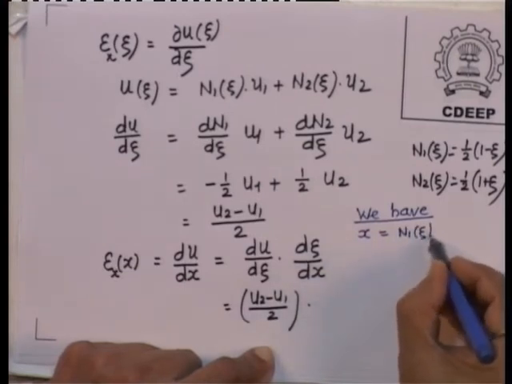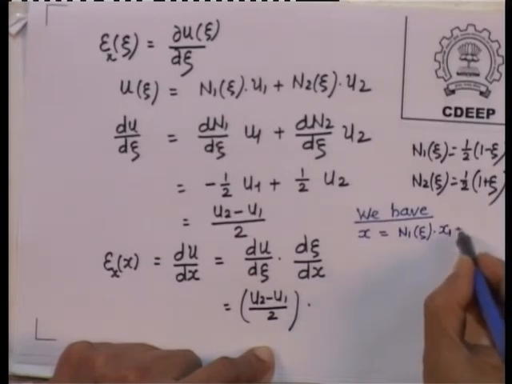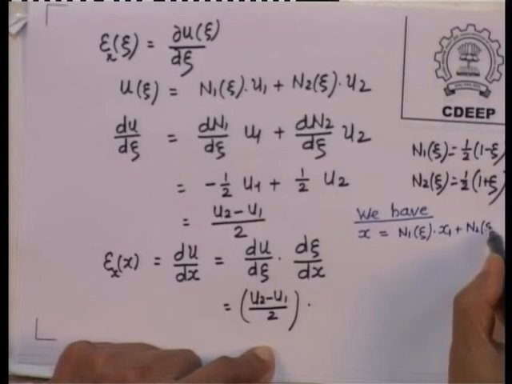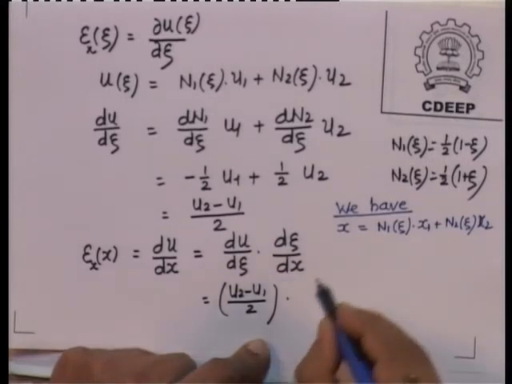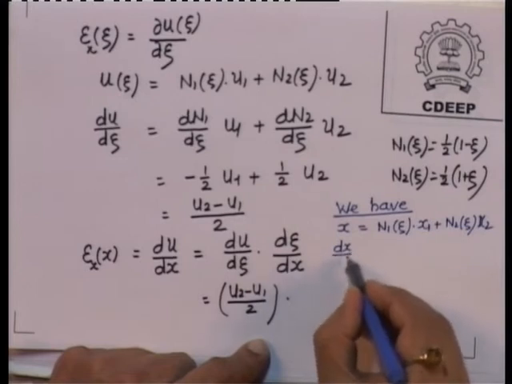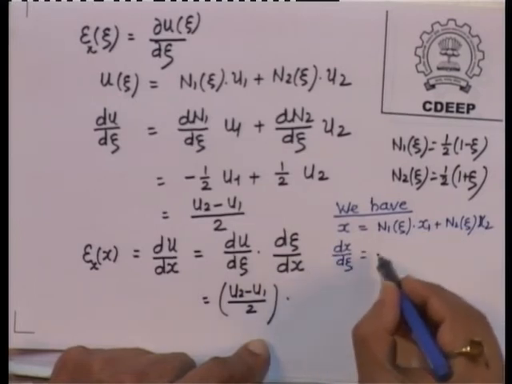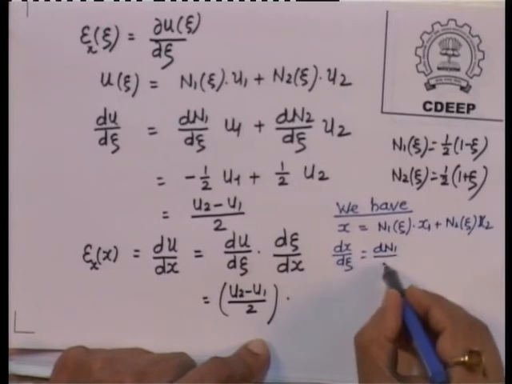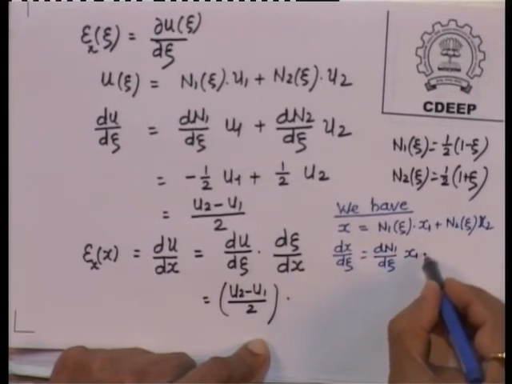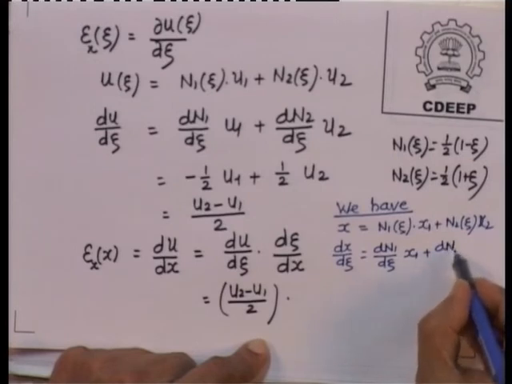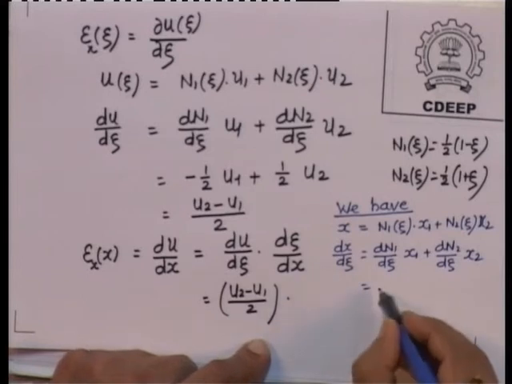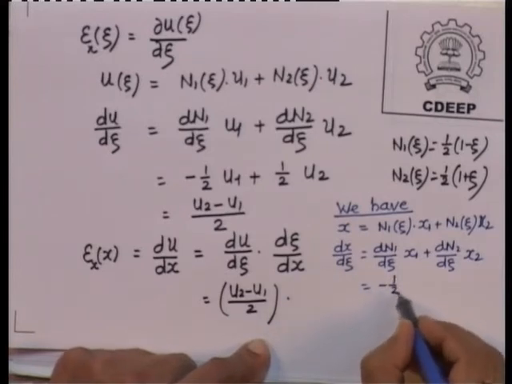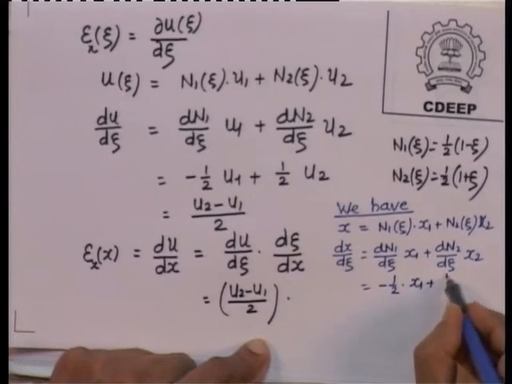What we have is, we also have x as n1 psi. Now all n1, n2 are defined in terms of psi into x2, and therefore dx by d psi will be dn1 by d psi x1 plus dn2 by d psi x2.